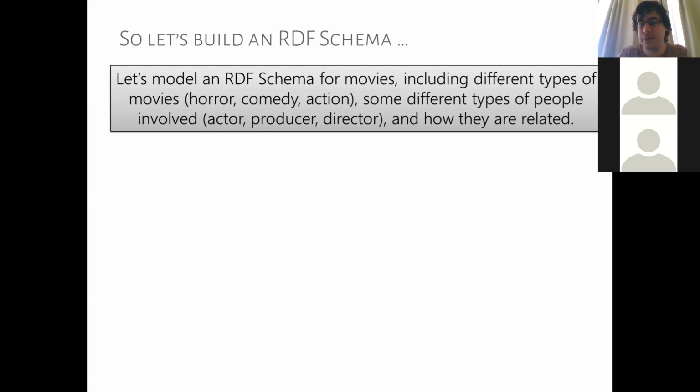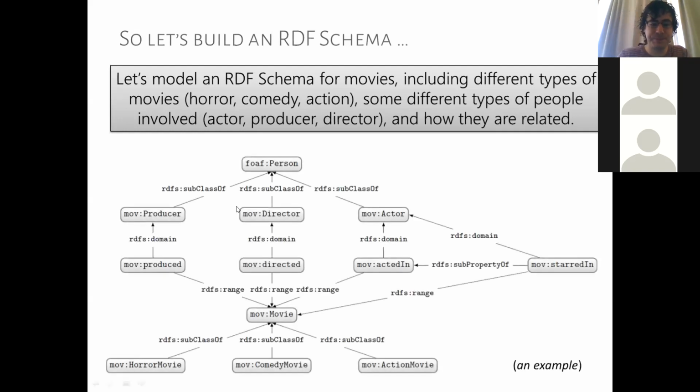We need some relations along those lines, and how they are related. So we would then define, for example, has director probably has domain movie and range person, right?